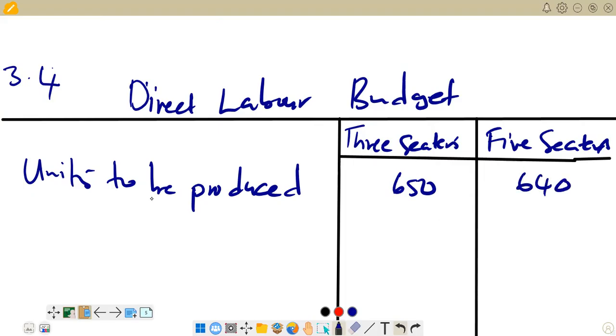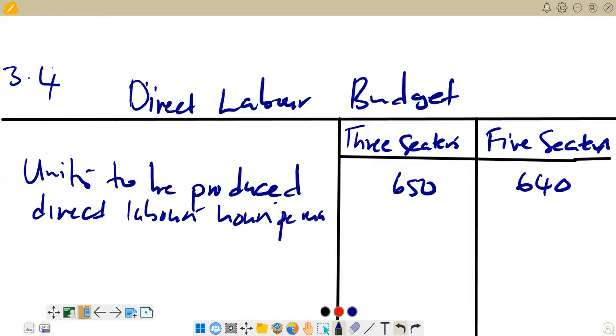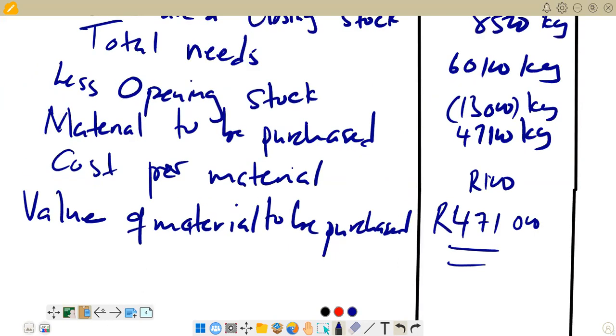So we now want to know the direct labor hours per unit. Here we are saying per unit. We can go back to check what we have.